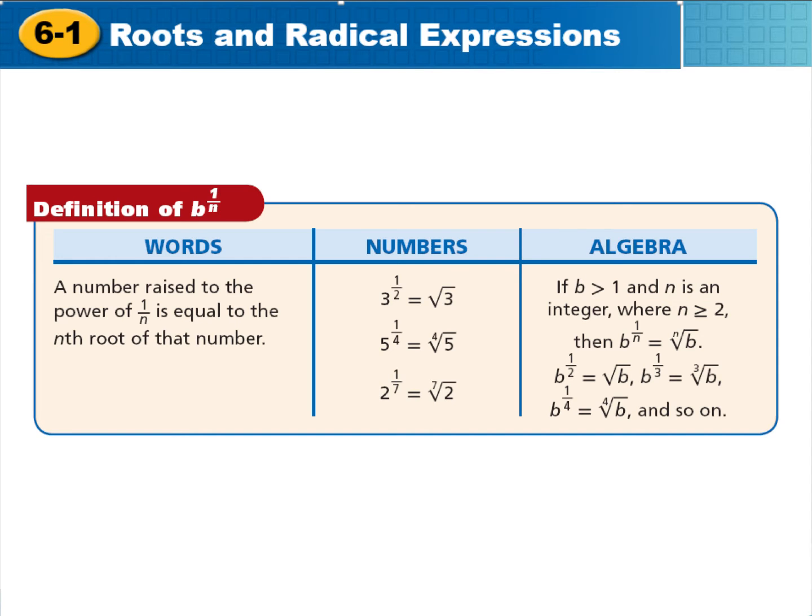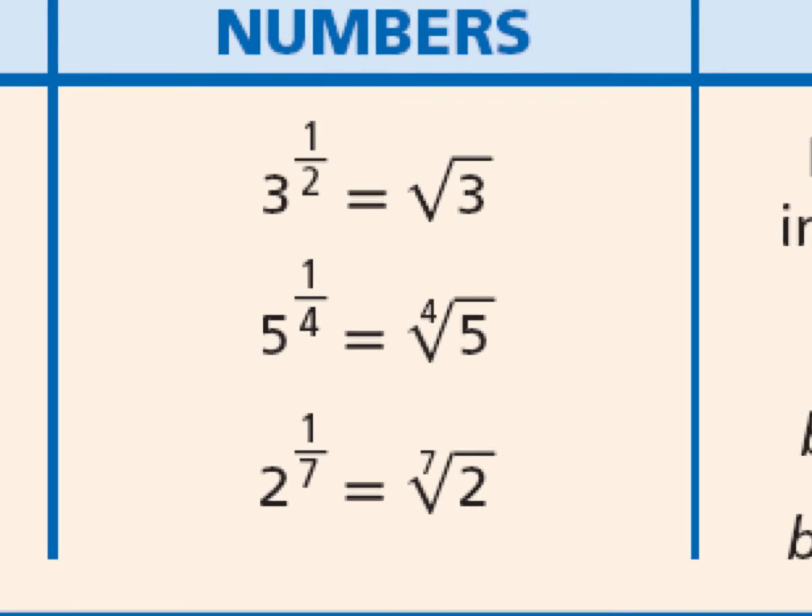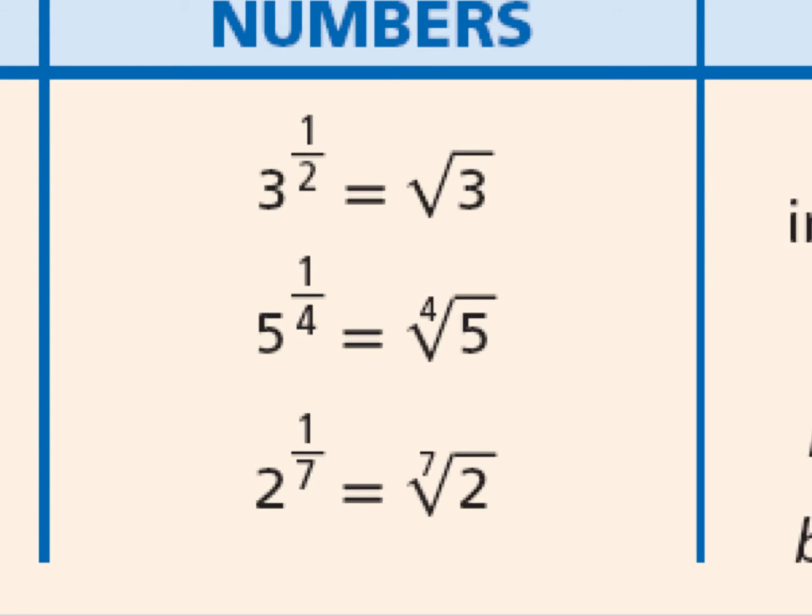One thing that we do need to know on the next page is when we have an exponent that's a fraction, that's the same thing as a square root or a root. So here we have 1/2. This number down below is our index. So in the denominator, that is your index. Again, when our index is 2, we don't write it here. It's just implied that that's a square root.